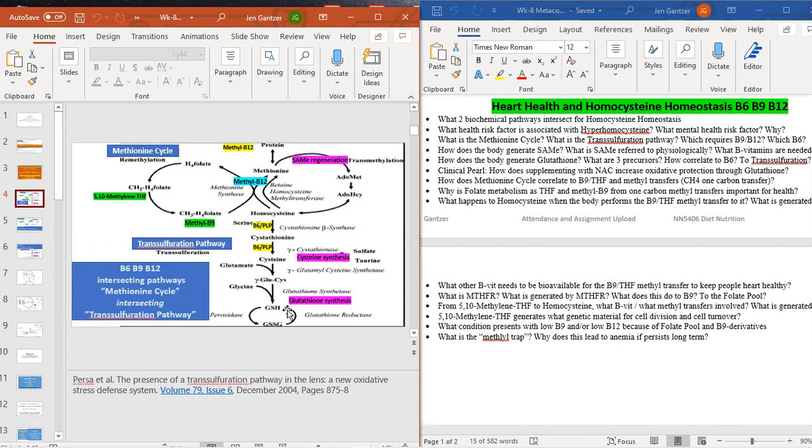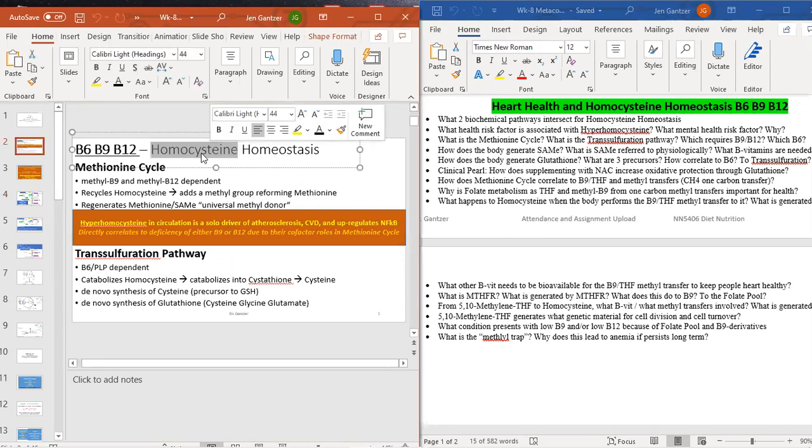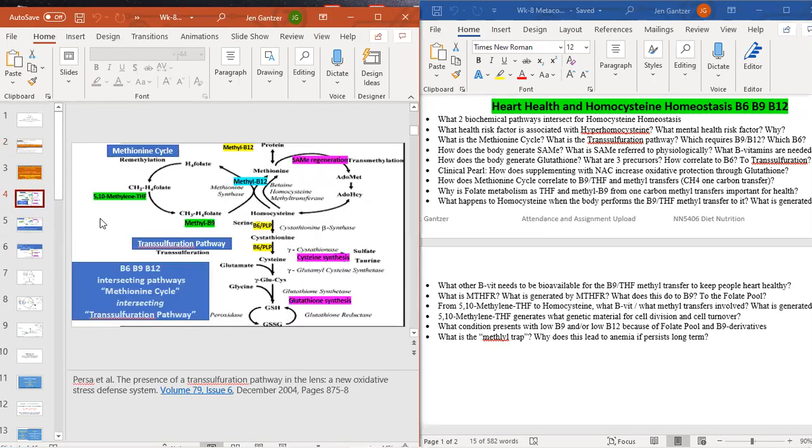Or when the body needs oxidative stress protection and or cysteine, the opposite will happen. It will direct the chemistry of homocysteine into a different pathway. Depending on the tissue's needs will depend on what pathway it's going down. That's why we call it an intersection, because homocysteine has to be shared between these two pathways.